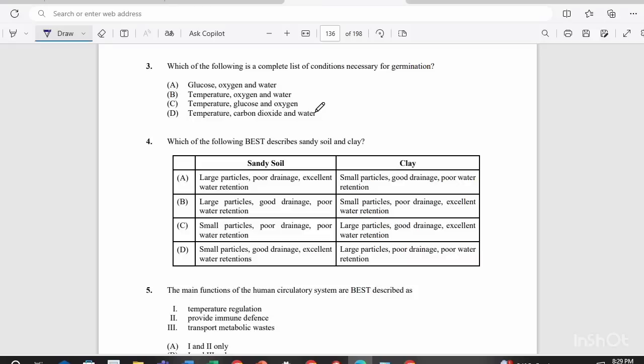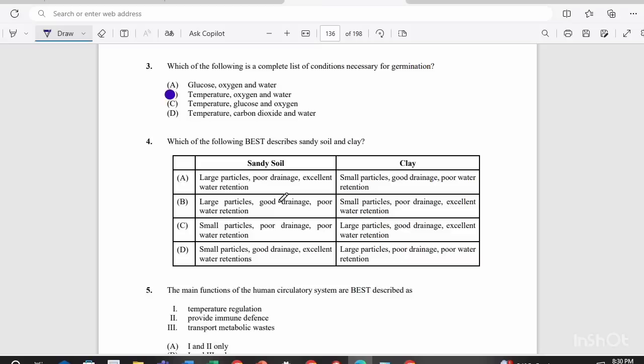The answer there is B, temperature, oxygen, and water. Question 4. Which of the following best describes sandy soil and clay soil? A, large particles, poor drainage, excellent water retention for sandy soil, and small particles, good drainage and poor water retention for clay.